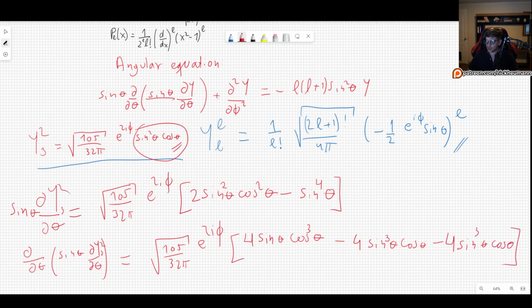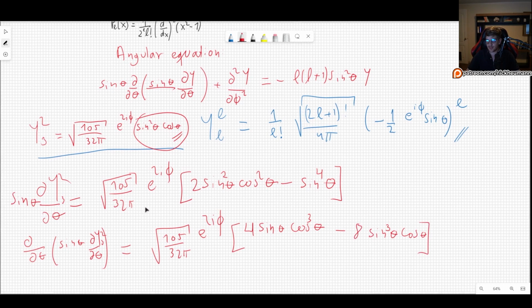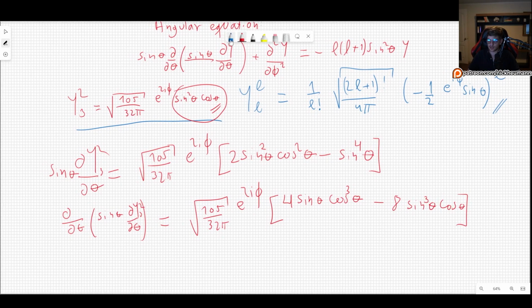So actually these two add up, which is kind of nice. So these two are the same. So this will be minus 8. Okay, now we need to multiply this by sine, right? Considering this sine right there. So we multiply by sine and we get sine squared here and sine to the 4th power here.